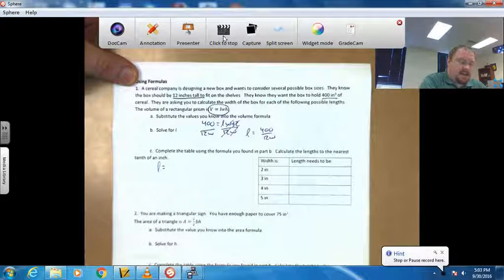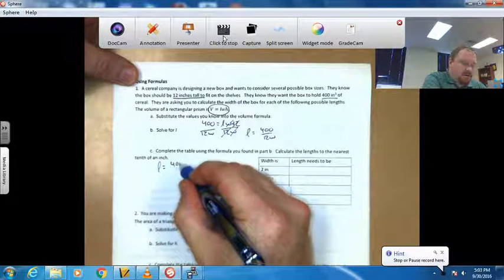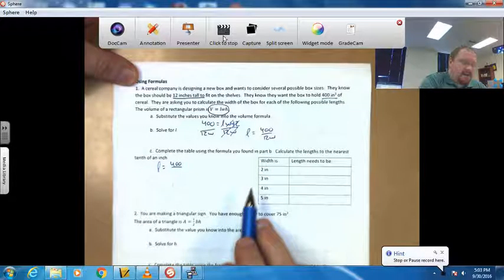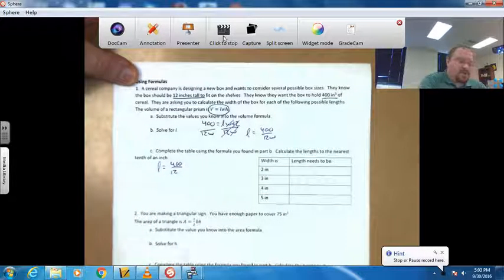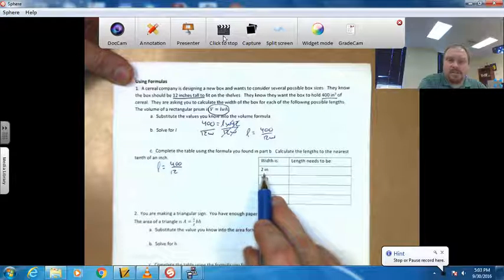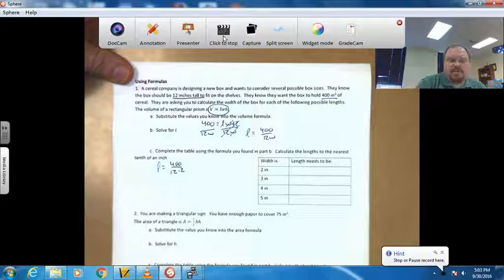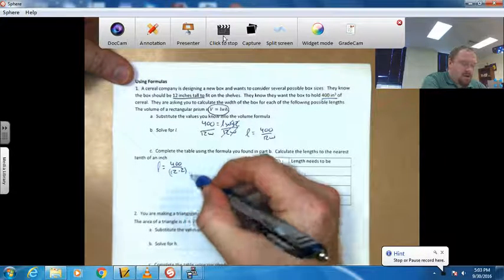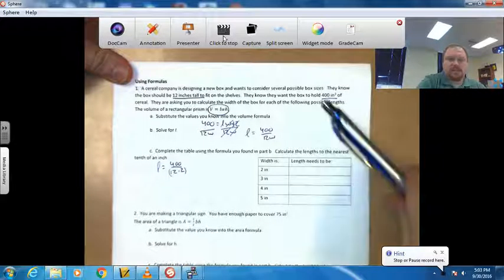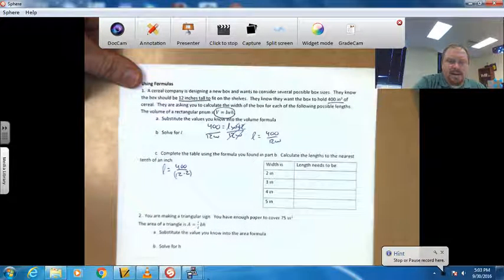L equals 400 divided by 12W. Now, in the first case, they want the W to be 2. Now, you have to remember, in order for this to work in the calculator, you have to use parentheses. So I happen to have a calculator handy that I can display.